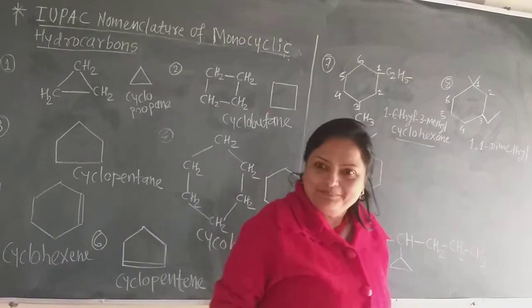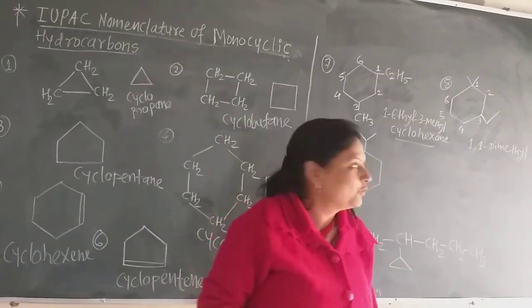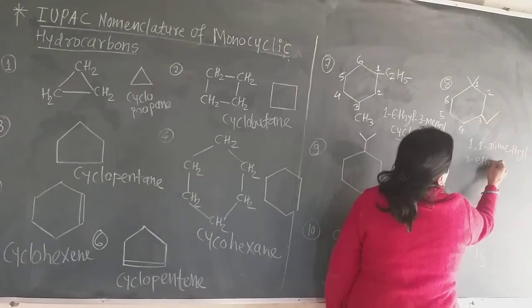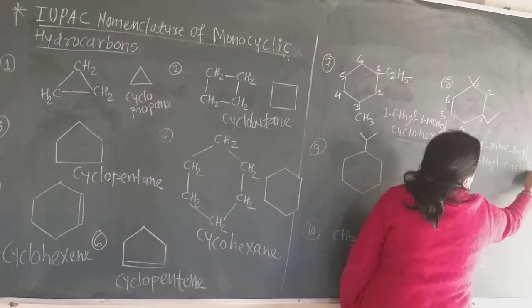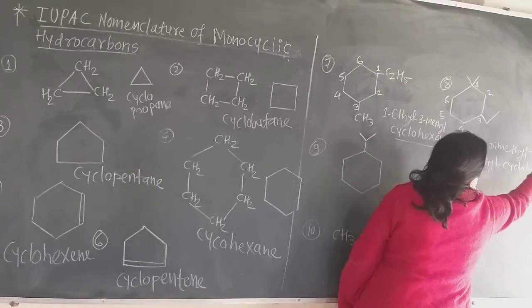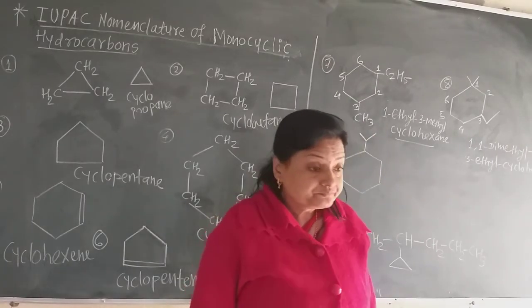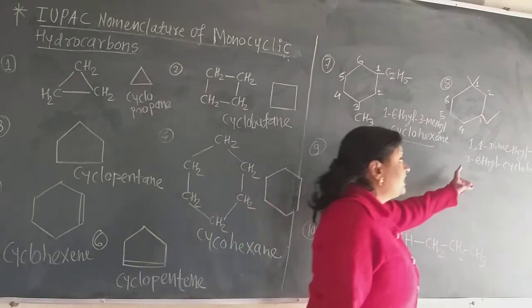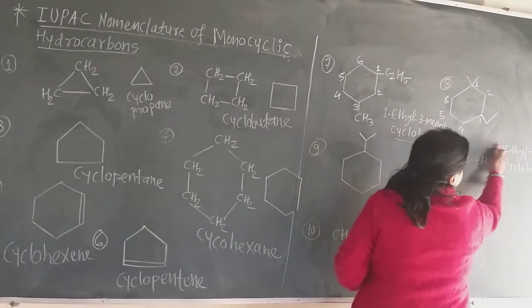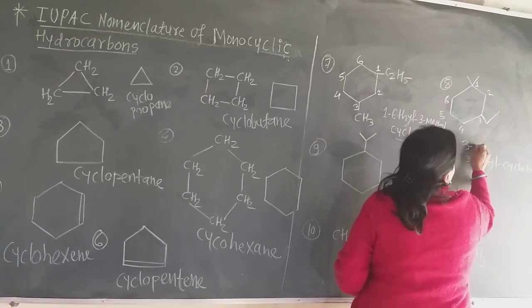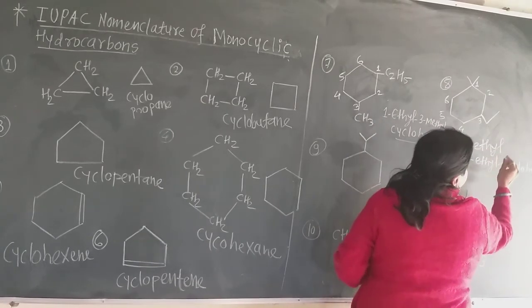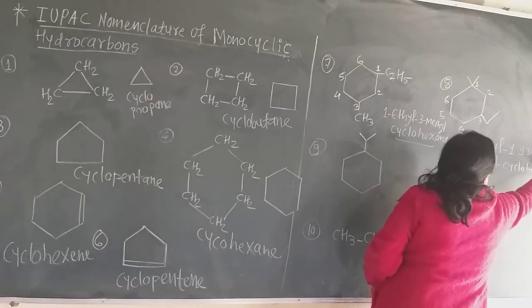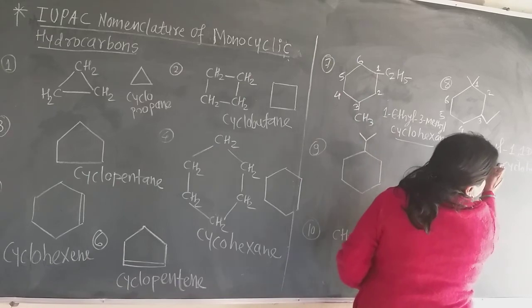The two methyl groups are shown in this way in the bond line formula, and this is the ethyl group. So 3-ethyl cyclohexane.